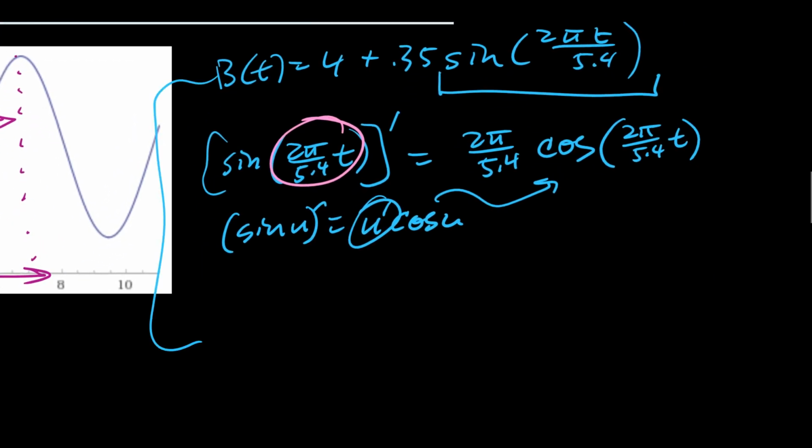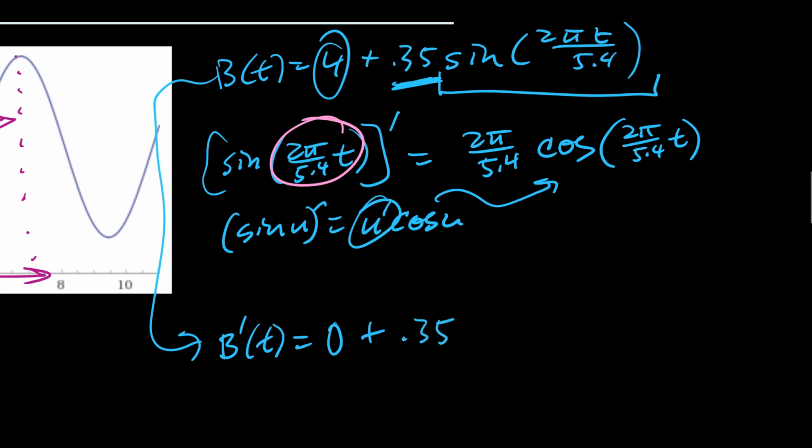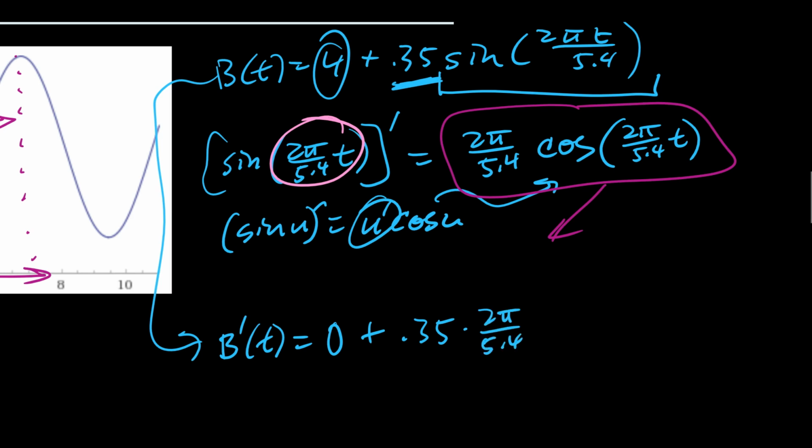So that's the derivative of that piece. So let's go ahead and take the derivative of b itself. So b prime of t is the derivative of 4, which is 0, plus 0.35 times the derivative of what we had. So we'll do 0.35 times, and then we're going to take all of this and pull it down. So that will be 2 pi over 5.4 times the cosine of 2 pi over 5.4 t, like that.